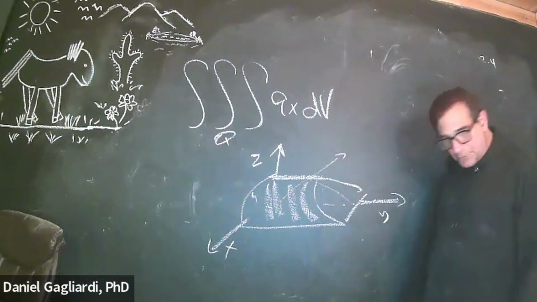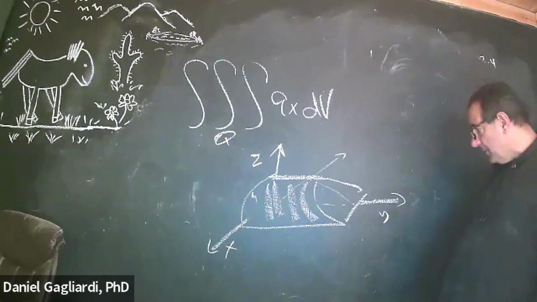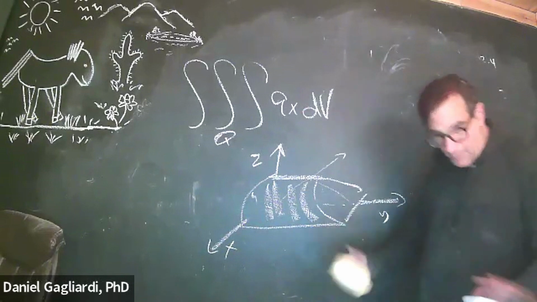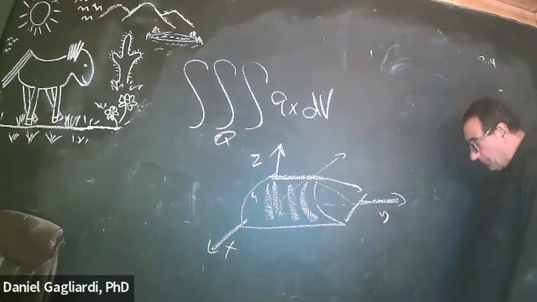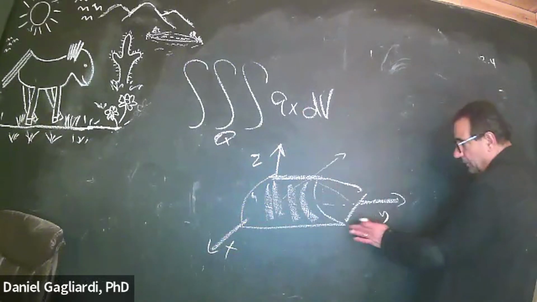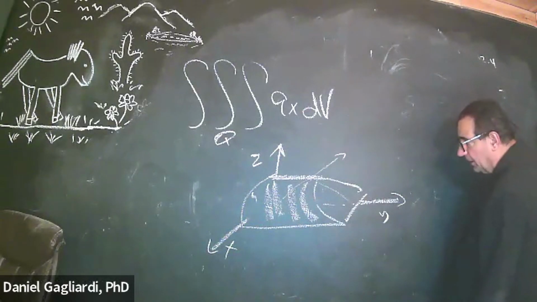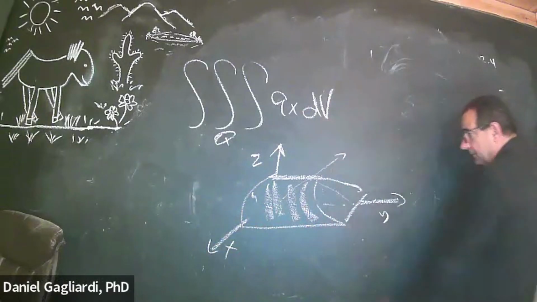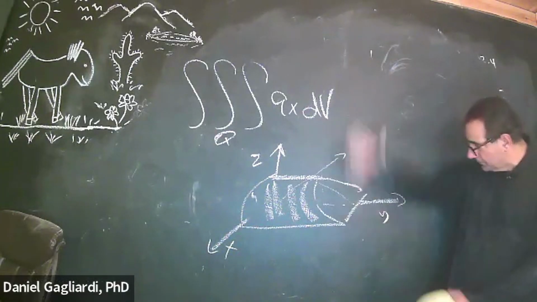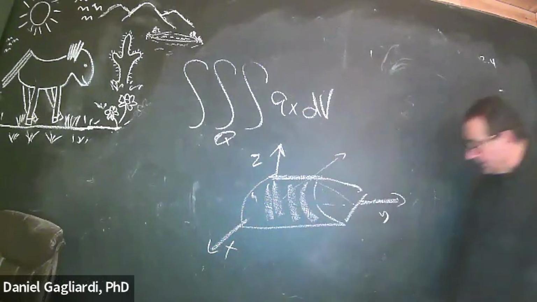So if you have a temperature function on this object, which is symmetric about the y-axis, I'm not talking about odd or even at this point, we have the same object if we divide it along a vertical slice parallel to the z-axis, the YZ plane. So it divides that in two.